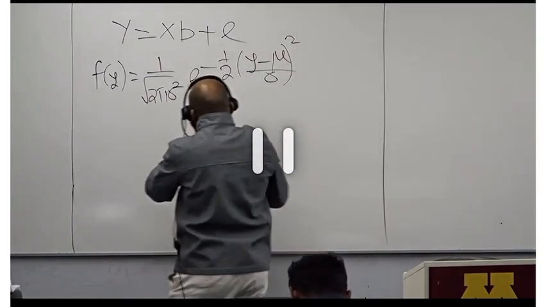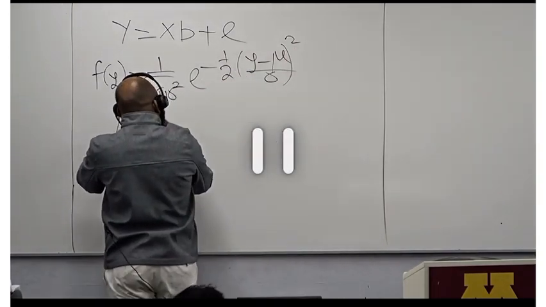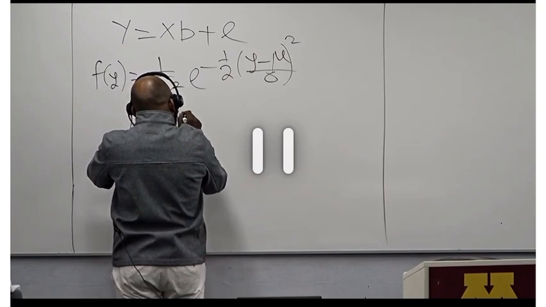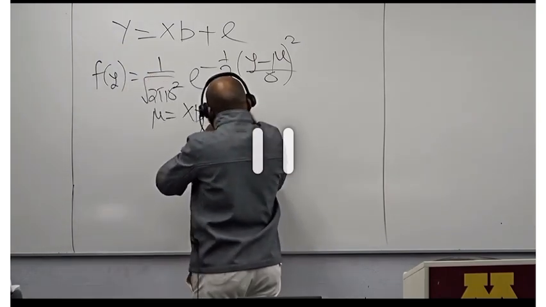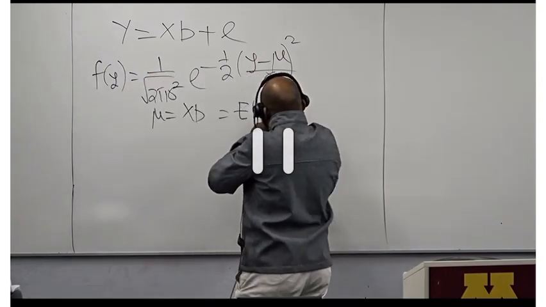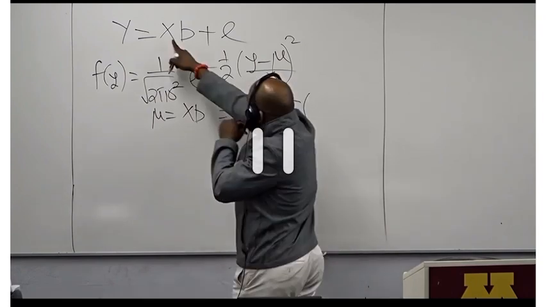And I remember I said that mu equals Xb, because that is the expected value of y.